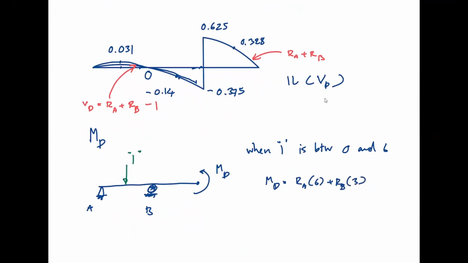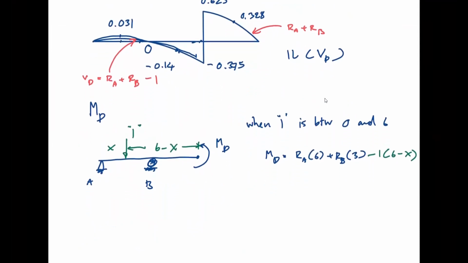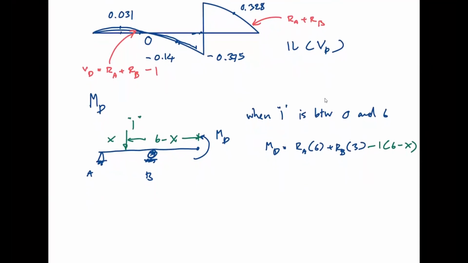And now this distance is x. So here is 6 minus x, right? So that is minus 1, 6 minus x.